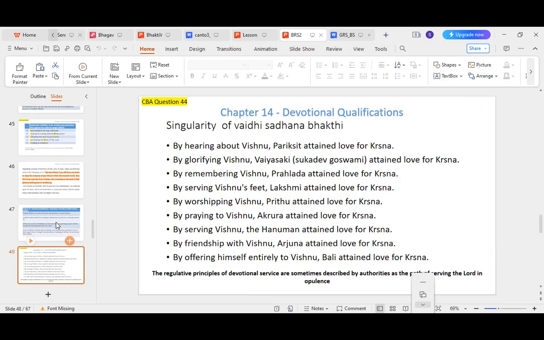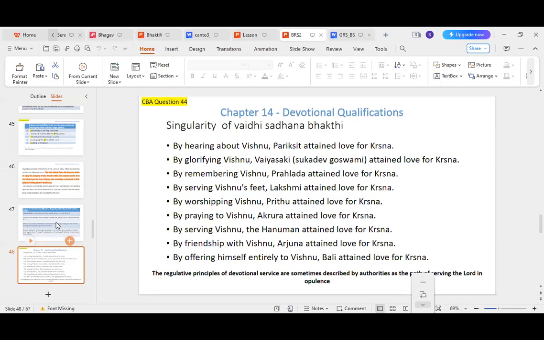For example, Lakshmi Devi or Prahlad Maharaj: remembrance, Smaranam, is always referred to with Prahlad Maharaj as the example. In one way, it is focusing only on one particular way of worship, and other ways of worship will help to increase that particular remembrance. That is how it is understood.